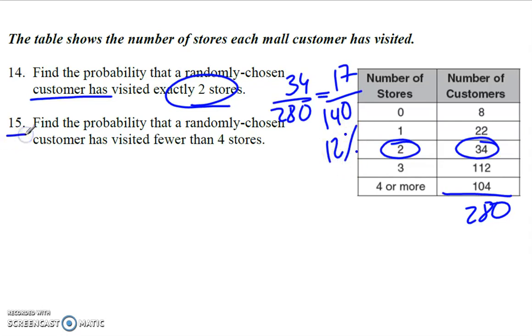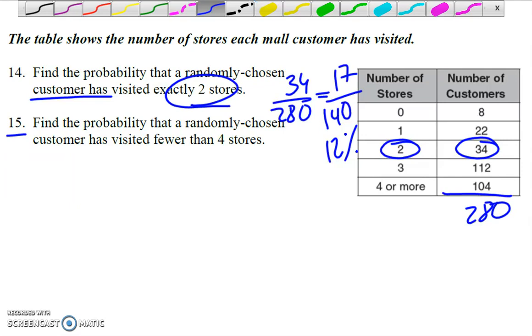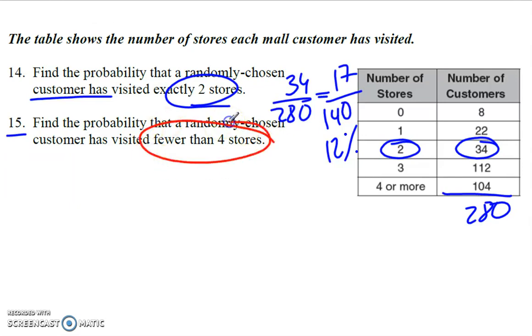For number 15, we are looking for fewer than 4 stores, so that's all of these right here. So add all these up. That gives you 176 out of our grand total of 280.